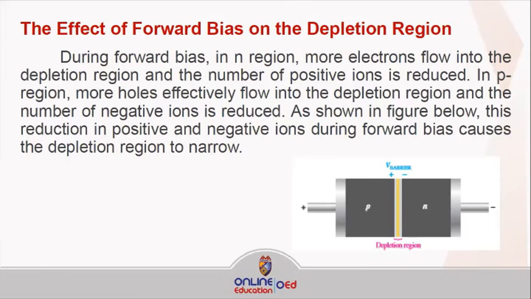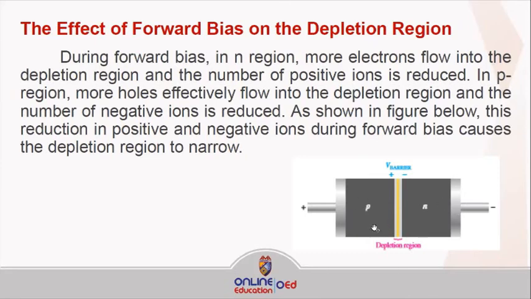As you can see, ito yung effect ng forward bias. Sa forward bias, sa N region, ang nangyayari is more electrons flow into the depletion region and the number of positive ions is reduced. Tapos sa P region naman, more holes effectively flow into the depletion region and the number of negative ions is reduced kasi nga naka-forward bias.